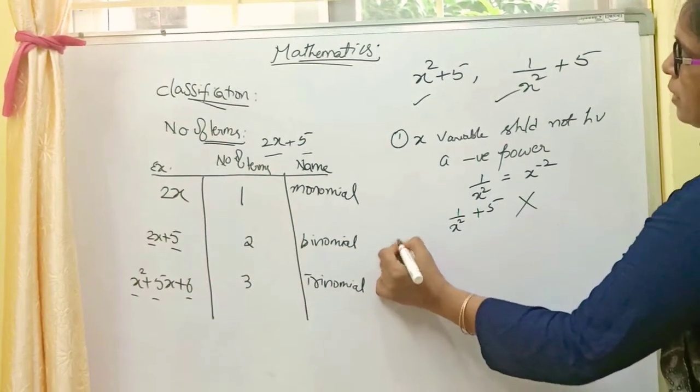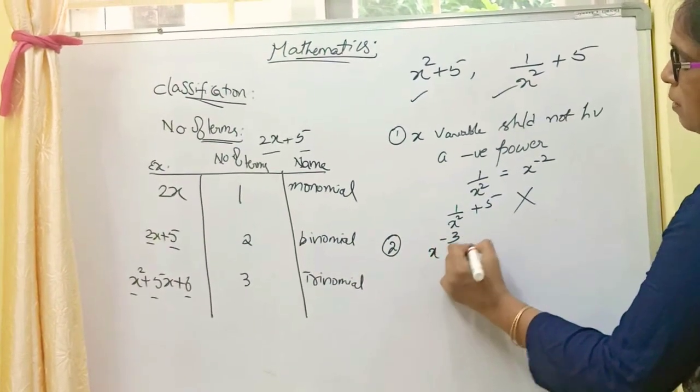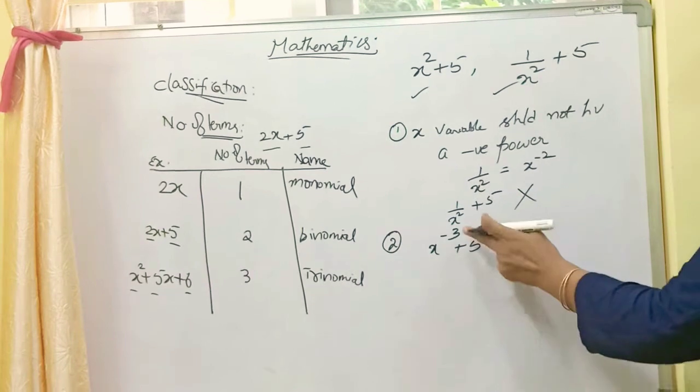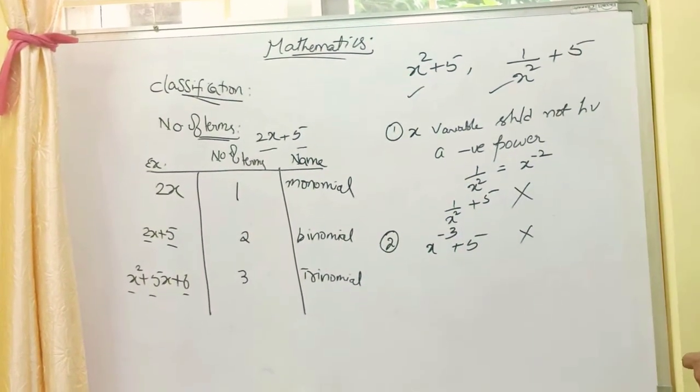A similar example is x to the power of minus 3 plus 5. Here I have directly given a negative power, therefore this is also not a polynomial.